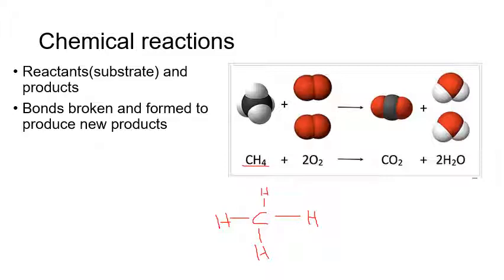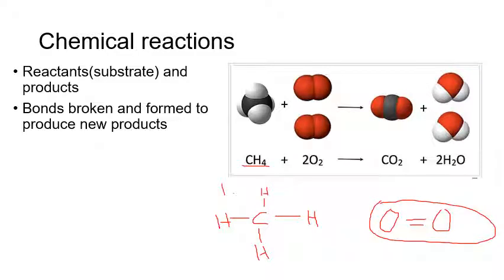This is what the CH4 is. And then oxygen, and if you remember, oxygen wants to form double bonds. We saw that in our molecules. That is O2. So we have 2 molecules of this and 1 of this.